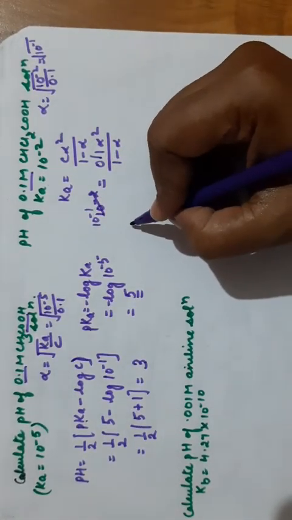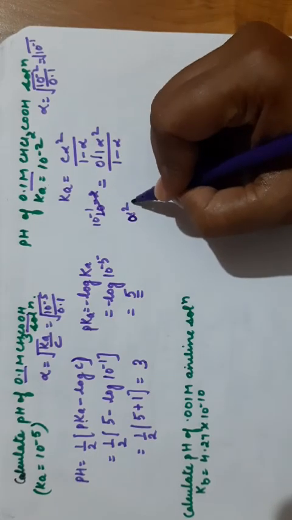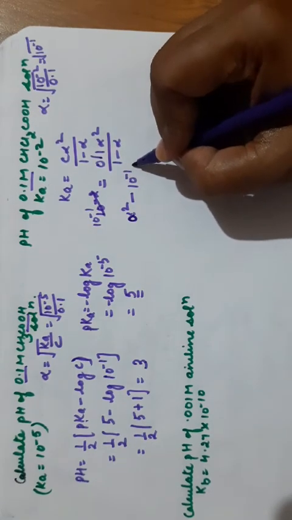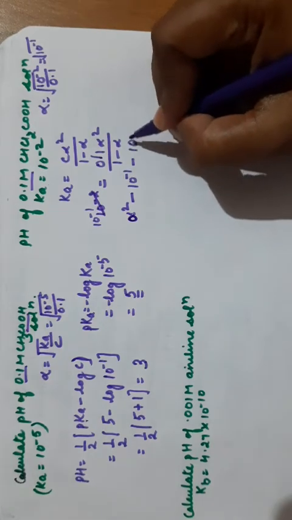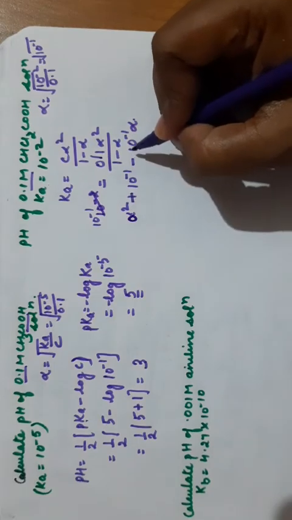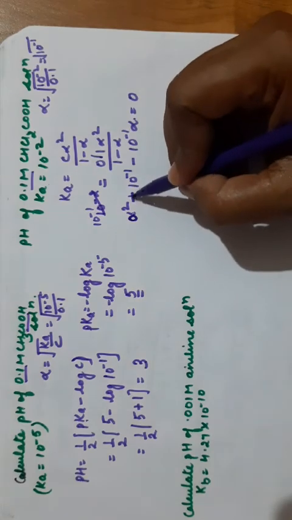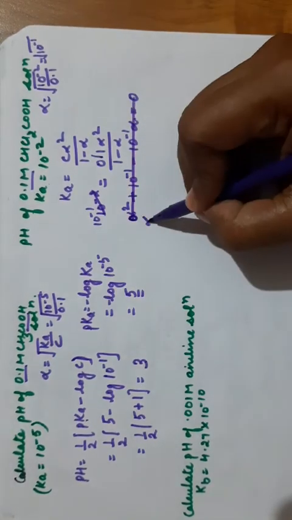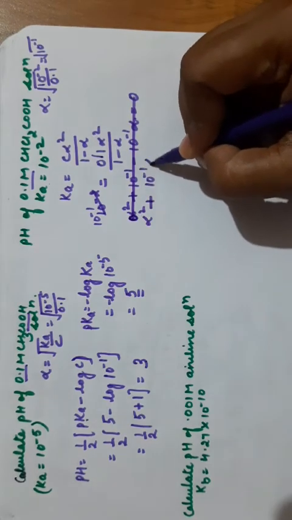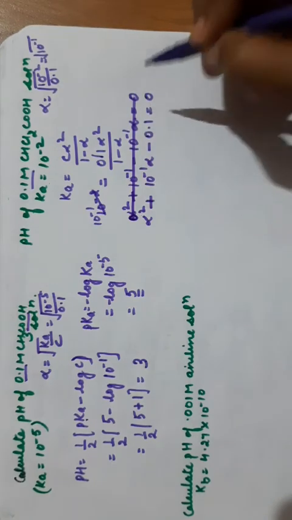So you can write alpha square minus 10 power minus 1 alpha minus 10 power minus 1 is equal to 0. Sorry, I have put the signs wrongly. It is alpha square minus 10 power minus 1 alpha minus 0.1 is equal to 0.